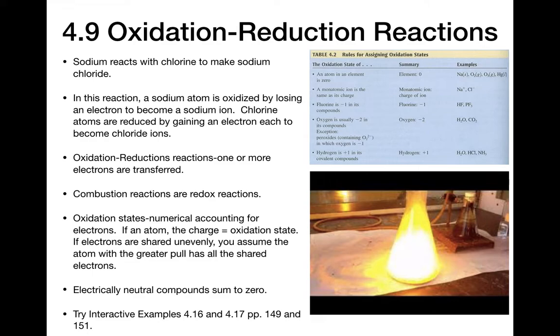Call that the hydride ion. Then we simply look at how the other elements are going to add up to equal 0 in a neutral compound. So this takes some practice, so practice the examples 416 and 417 to practice assigning oxidation states.